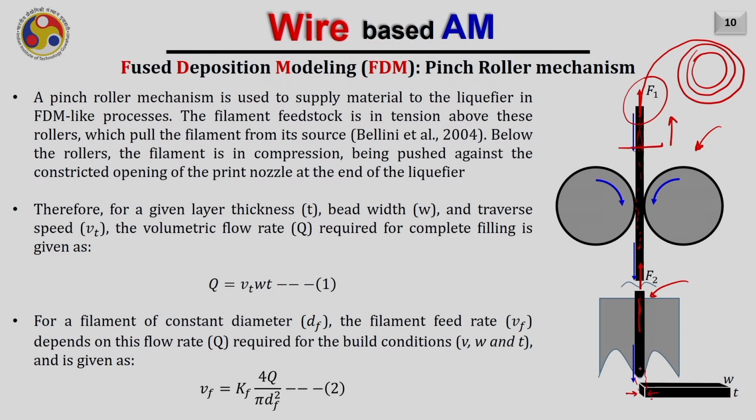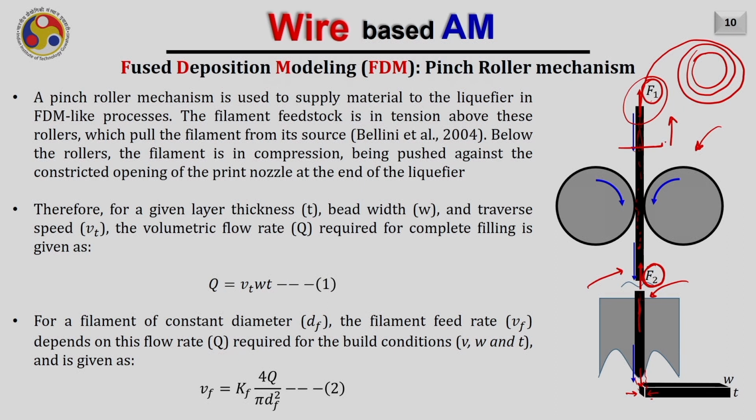To push this wire into this tiny orifice, a compressive force is typically applied. So the wire will be in compression on the bottom side. If you look broadly, you will find that the wire on the top is under tension, and the wire on the bottom is subjected to a compressive load.